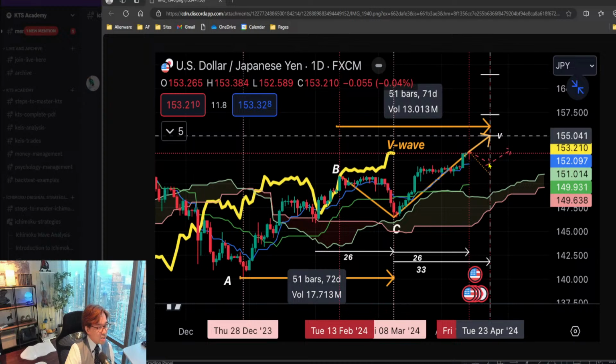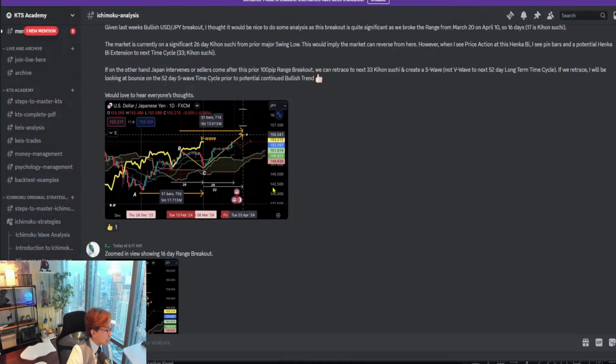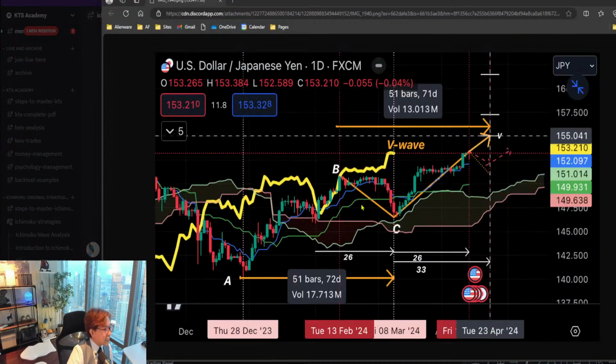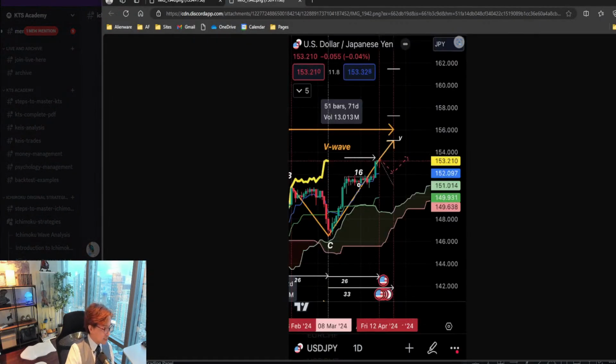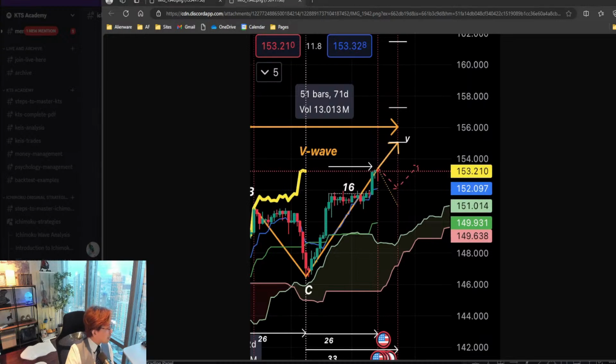And also what's more, when the market was consolidating or ranging before the break happened two weeks ago, this was also exactly on the henkabi of 16 days. This is also another pattern of Ichimoku in terms of Kihon Suchi.